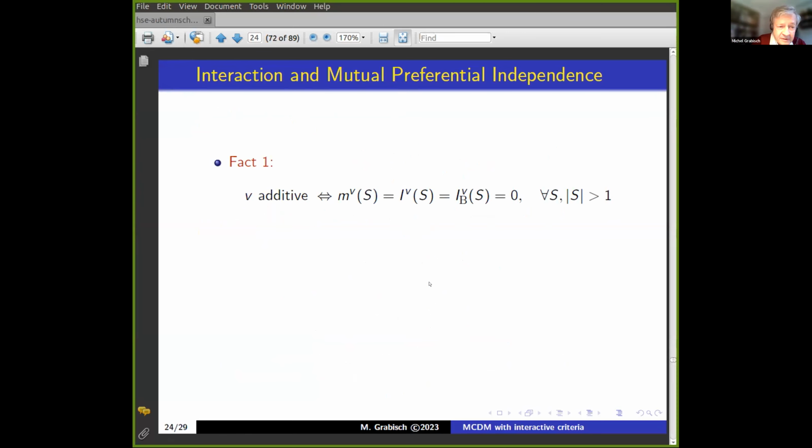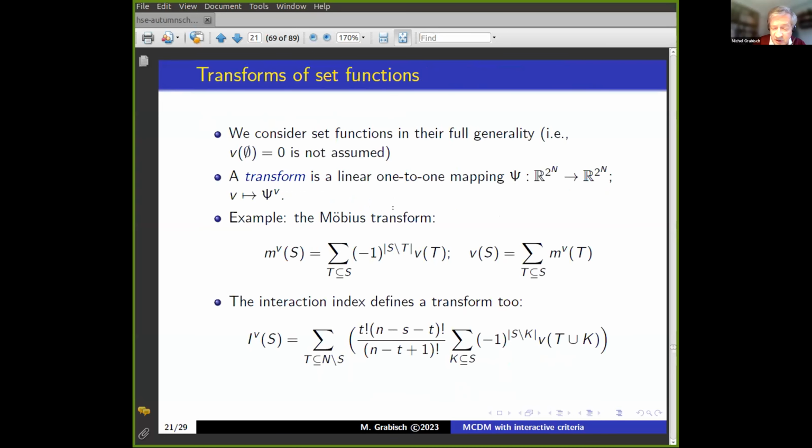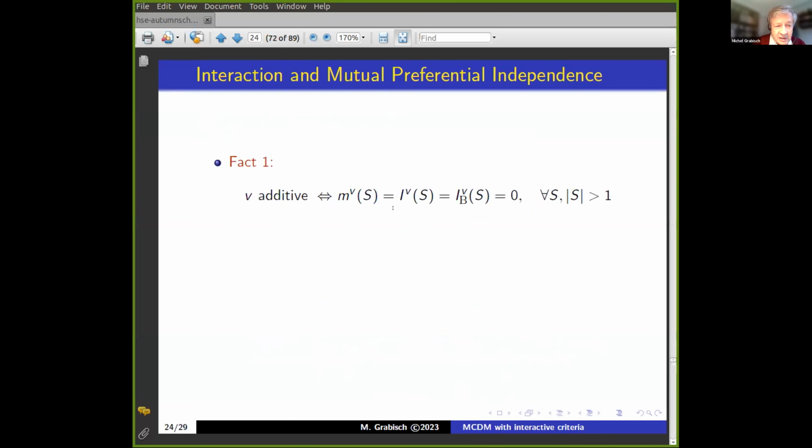So if you analyze the previous formulas, I will not do it, but it's easy to do, then you will discover the following. If your capacity is additive, then the interaction transform is identically zero except for singletons.